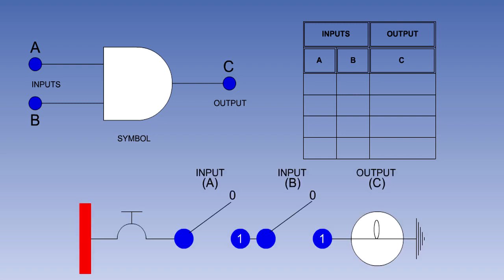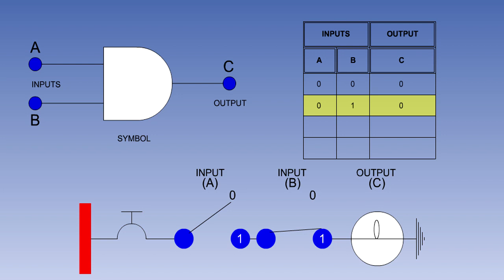To help us with this, we can represent the AND gate by the electrical circuit shown here. The 2 switches in series represent the inputs, and the light bulb the output. With a switch open, it represents binary 0, and when it is closed, binary 1. If both switches are open, the light will be out, indicating an output of 0.